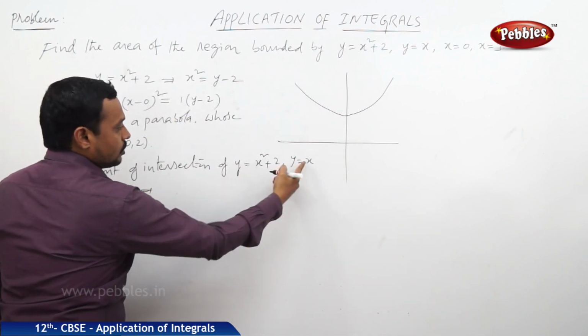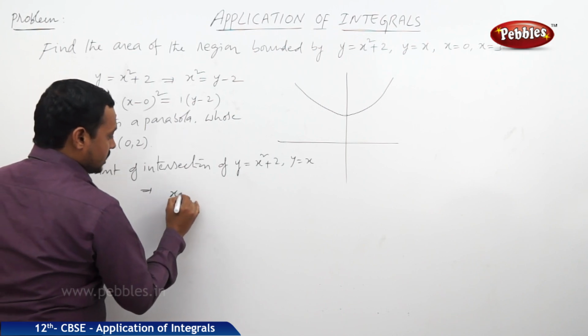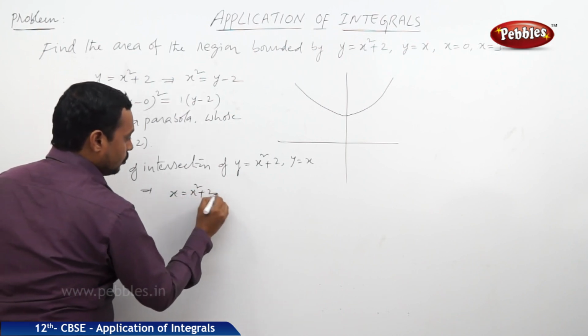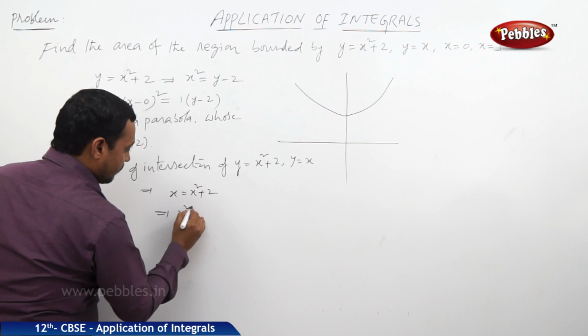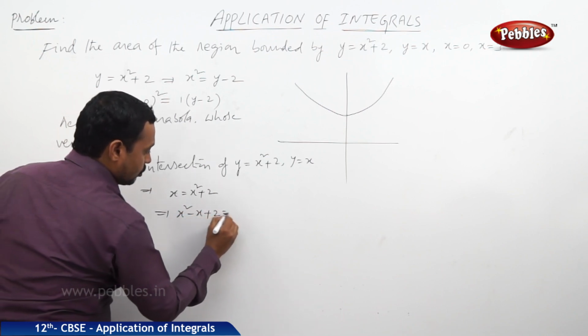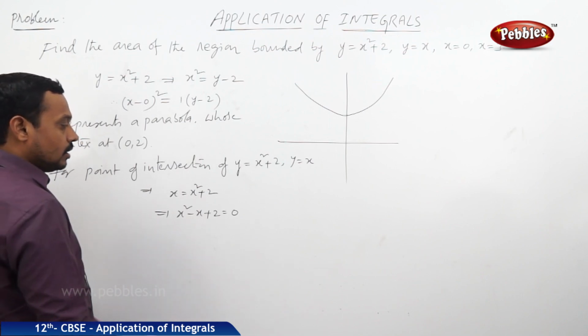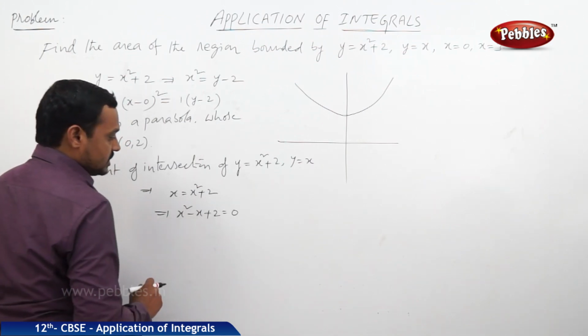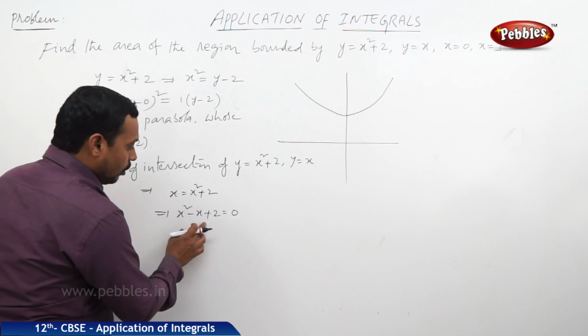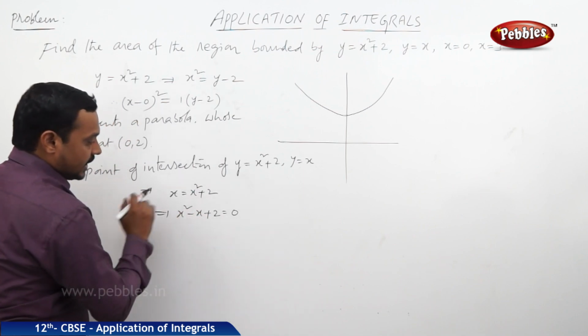Here put y is equal to x is equal to x square plus 2, that implies x square minus x plus 2 is equal to 0. Can we get factors here? No, we cannot get factors.